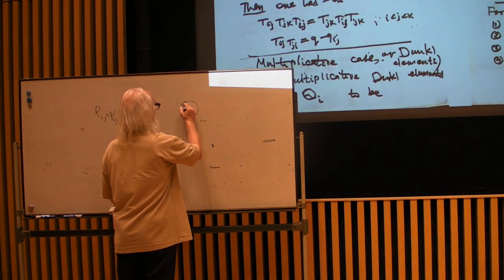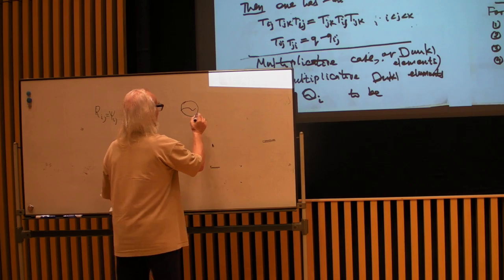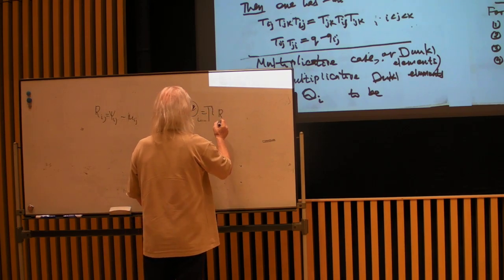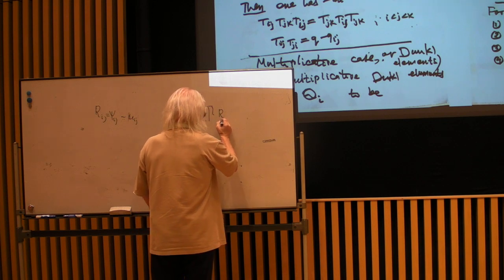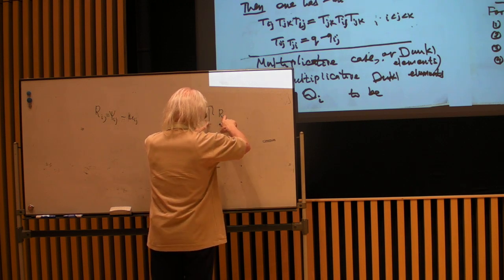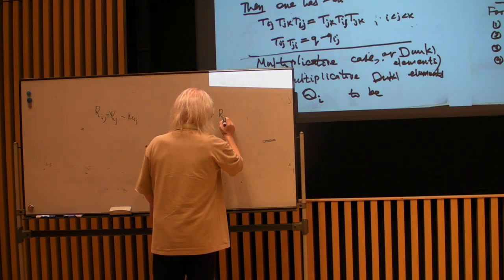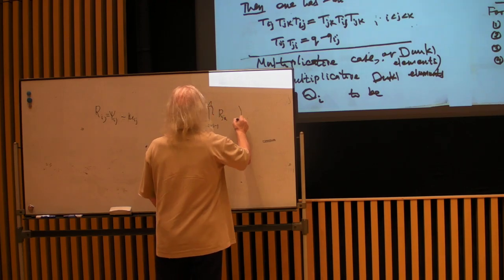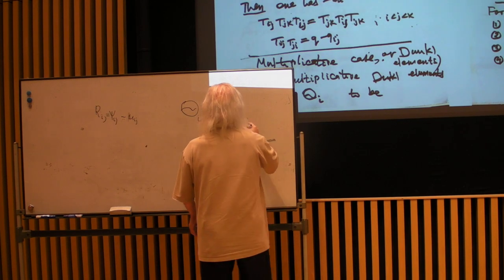You know what is big theta? Theta i is a product of R_{ja}, which is product at a equal to i minus 1 to 1. I skip some place.